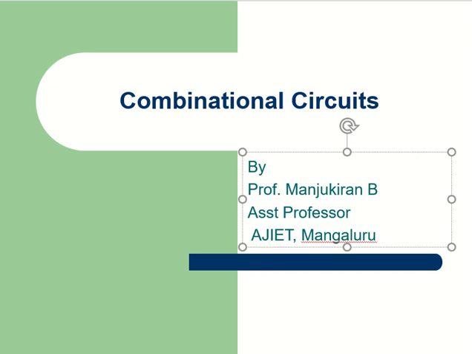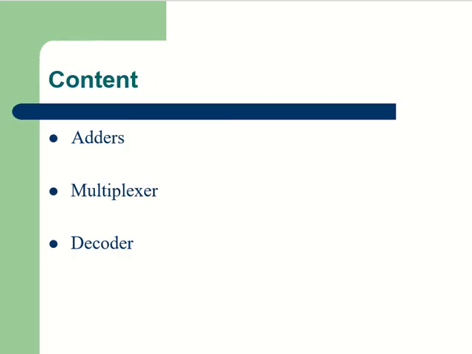Today I'll be taking the class on combinational circuits. My presentation will begin with the different types of digital circuits. Then I'll move on to the different combinational circuits like adders, multiplexers and decoders.